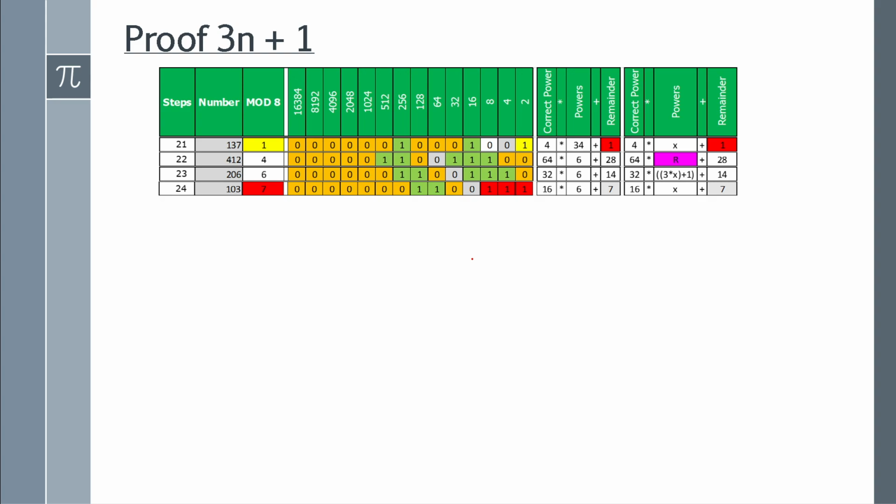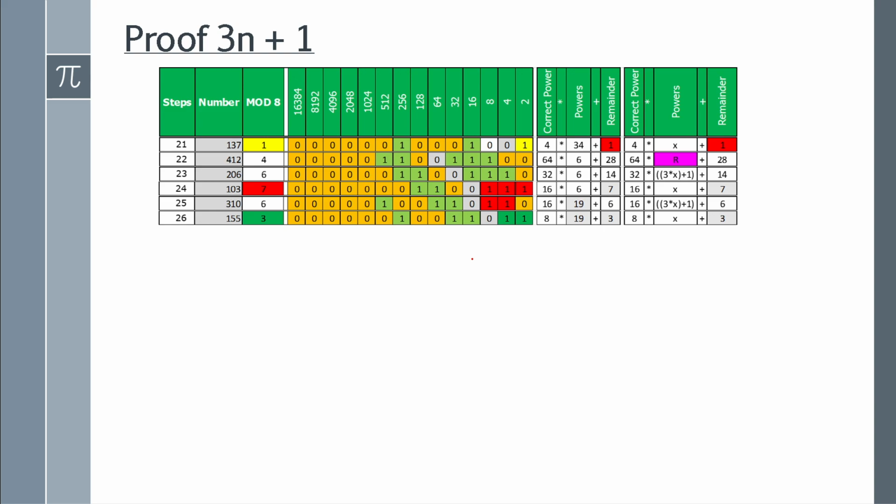So in 3 steps, I'm below 137, right? So anytime you see a 1 mod 8 or 5 mod 8, we're below it in 3 steps. So that happens like 16 times in this number.